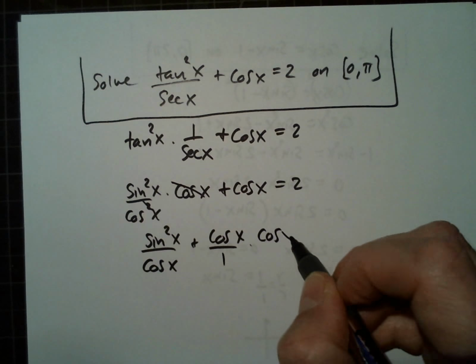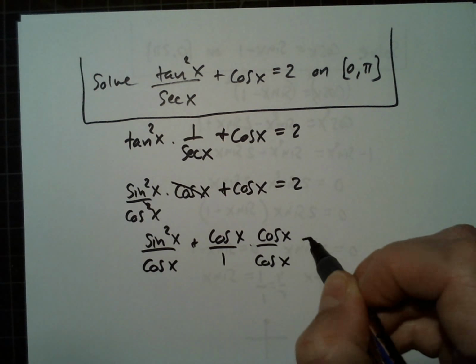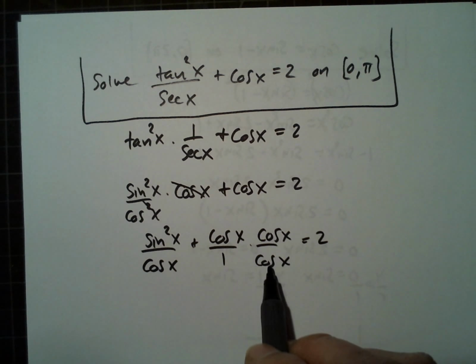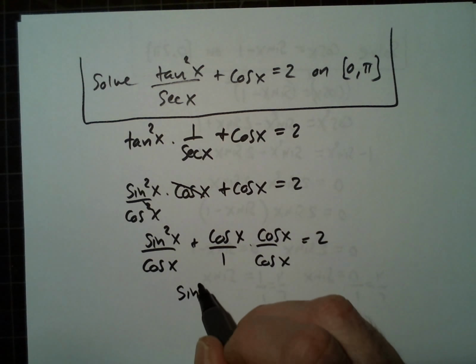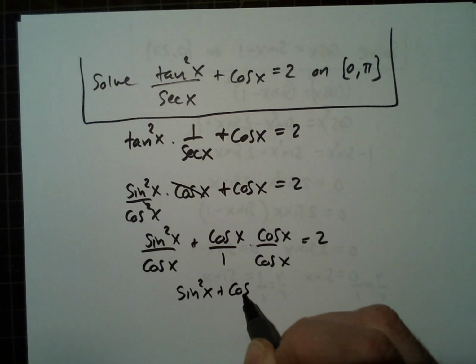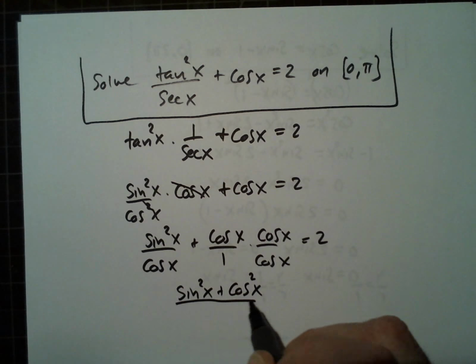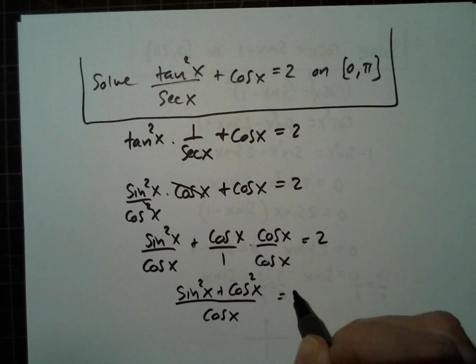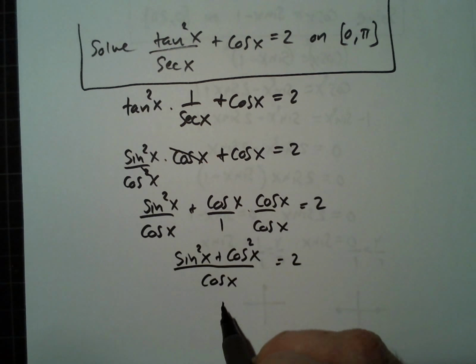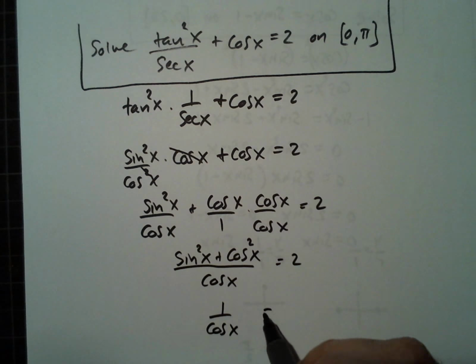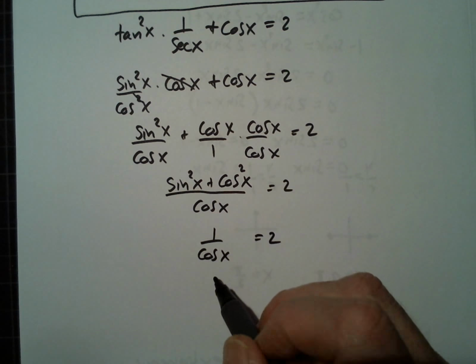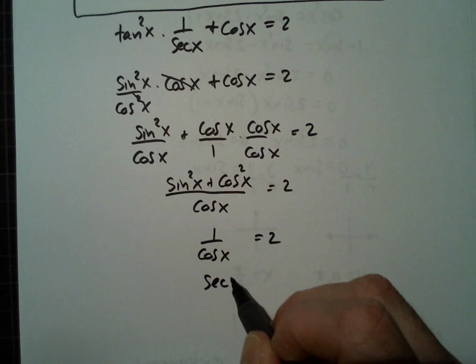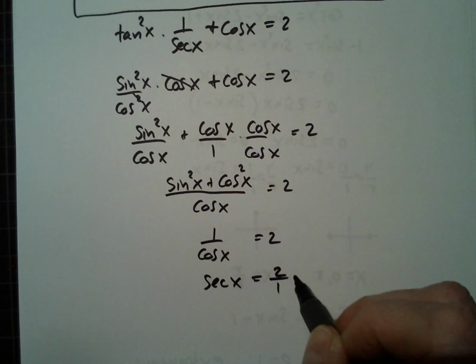We will multiply by cosine over cosine. So now we'll have a common denominator, and we have sine squared plus cosine squared. So that equals 1 over cosine, and 1 over cosine is secant.